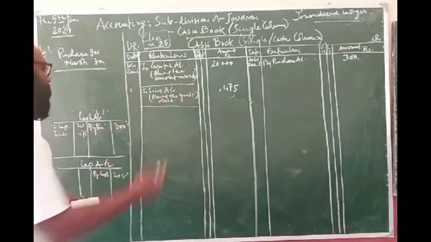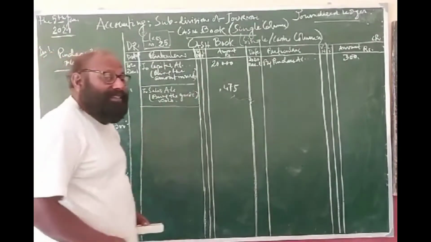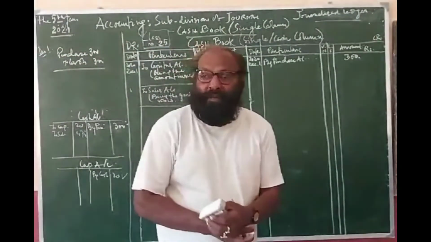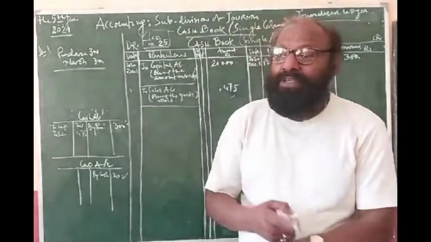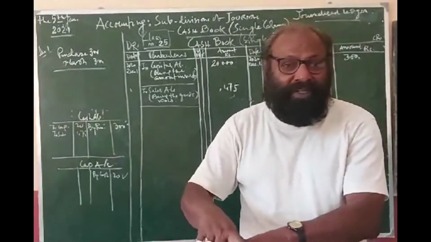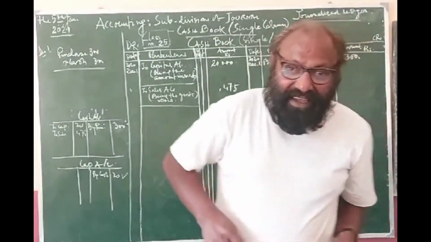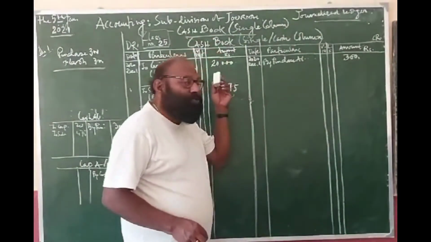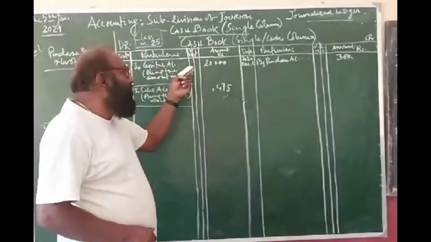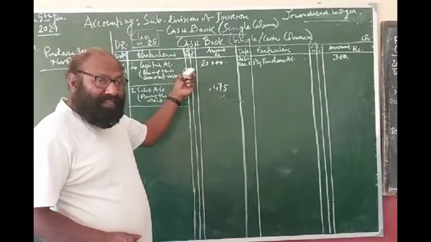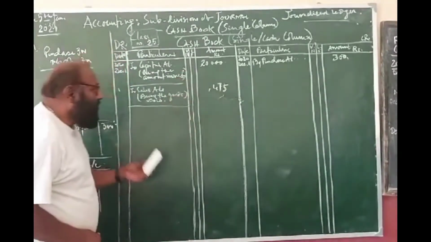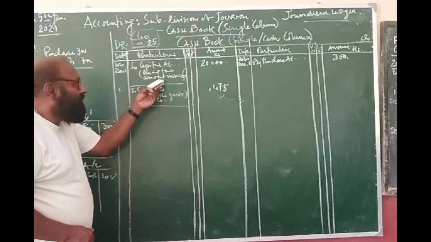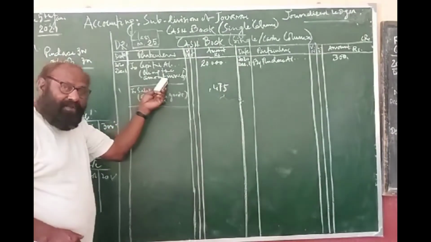Now I am repeating what I have done. The cash book serves both the purpose of journal and ledger. It is a ledger because we record only one aspect of the transaction. And it is a journal because we are putting the narration over there.